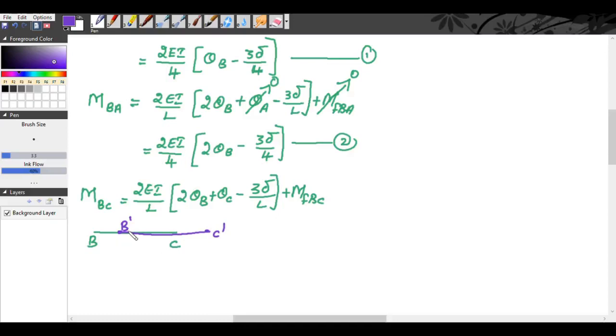It is a shifting, and the distance will not change. BC will get just shifted, so our delta will be equal to 0 for BC.